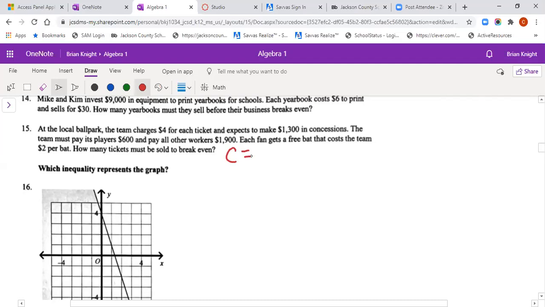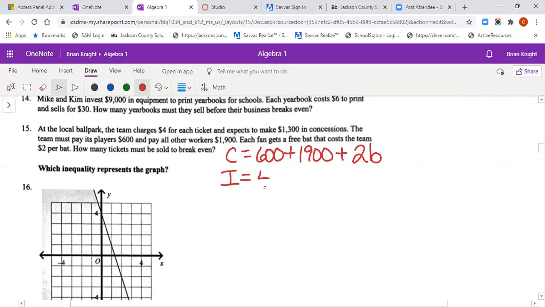We got to pay our players $600. We got to pay every other worker $1,900. And it costs us $2 per bat. Our income is how much are the tickets?